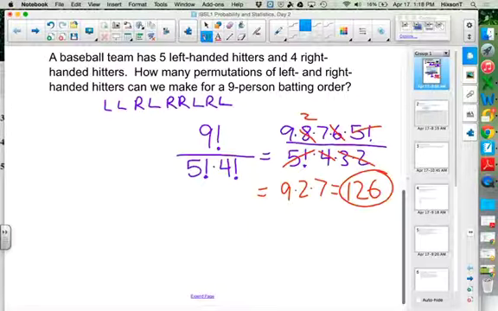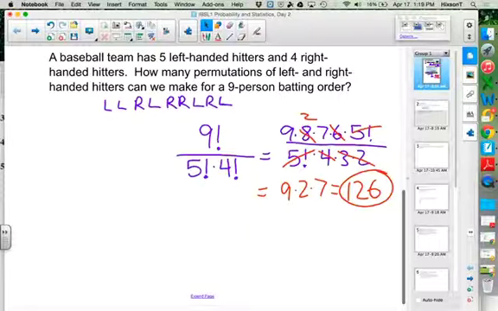If we wanted to break it down further, then out of those 126, we could make some other decisions. But those are all the possibilities. Does that make sense? Yeah. So watch out if you've got repeated identical items that you're arranging.